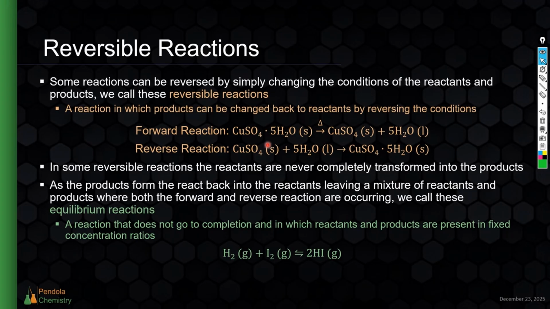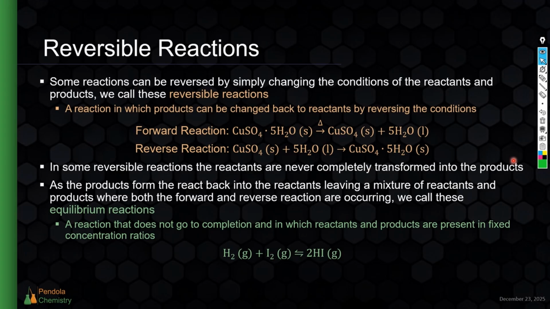This is a very crude and basic reaction that does this, but a lot of different chemical reactions are reversible. Most chemical reactions that require heat, for example, or that require cooling, can be reversed by just simply reversing the temperature change.